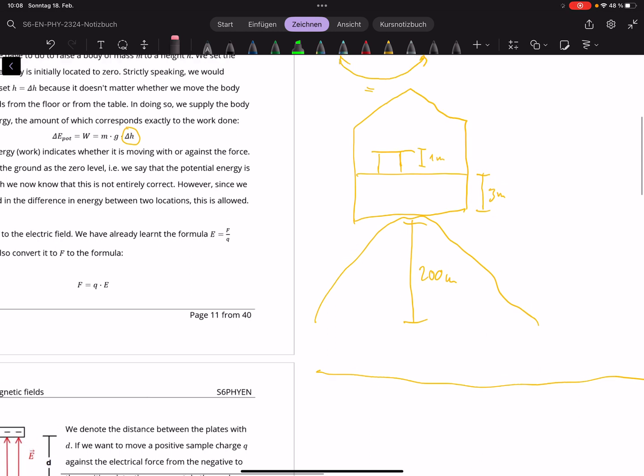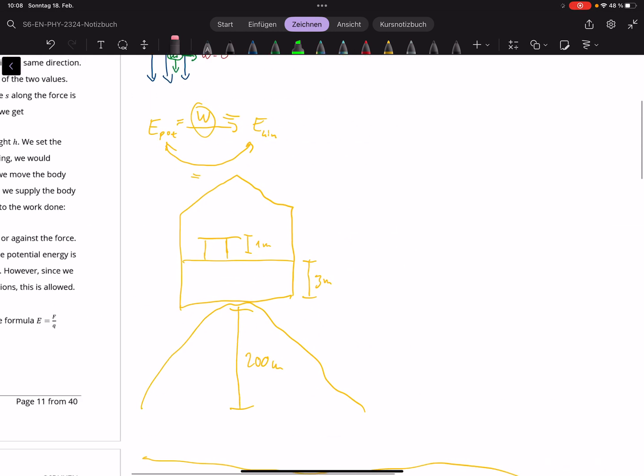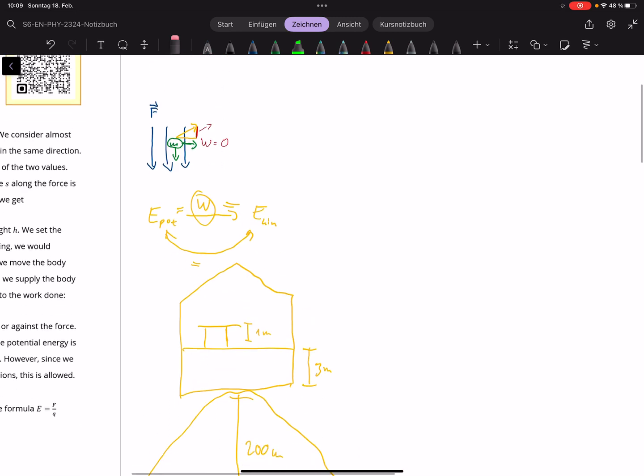So as long as we work with a homogeneous gravitational field, it doesn't really matter, because the force is linear. Here we go.